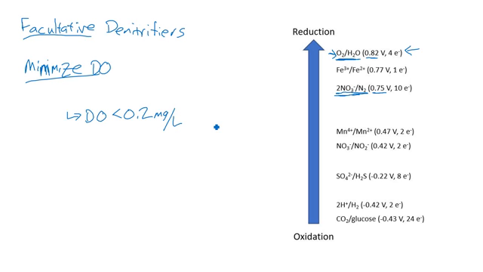It's worthwhile to note that when engineers talk about reactors where we have nitrate present, but no dissolved oxygen, we call those anoxic reactors. And that's something that biologists and microbiologists typically don't say.